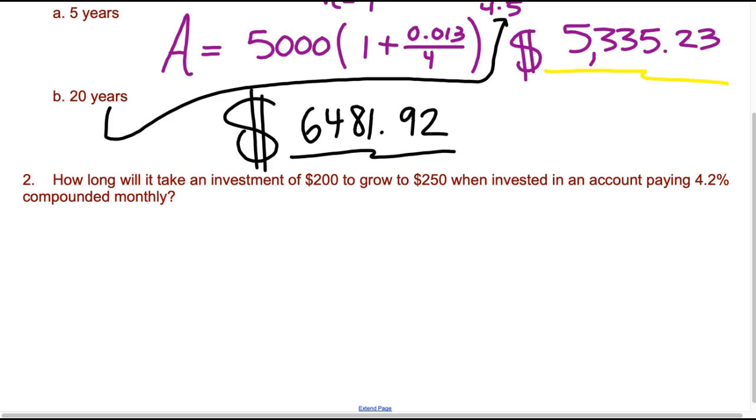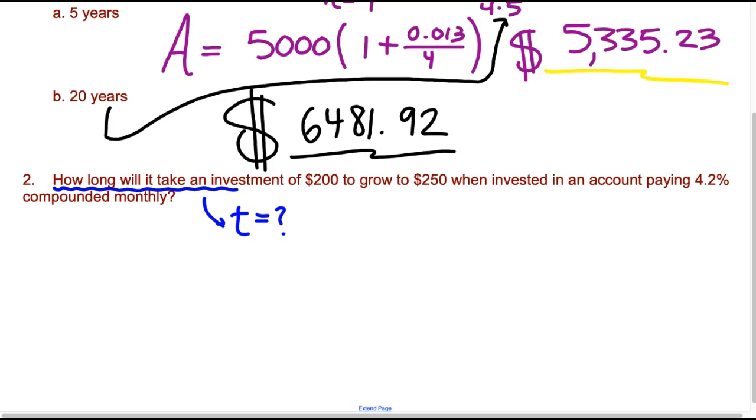Number 2. Now we're going to solve for a different variable. It says how long will it take an investment of $200 to go to 250? So how long means we're going to be solving for what? T. So the how long will it take means that we don't know what T is. So let's solve for T. Alrighty then.